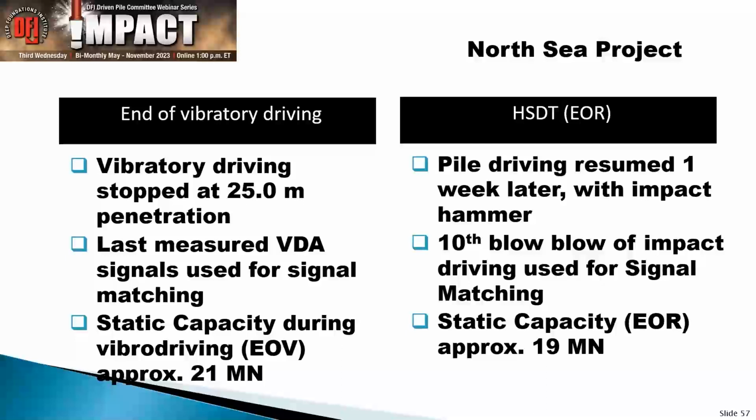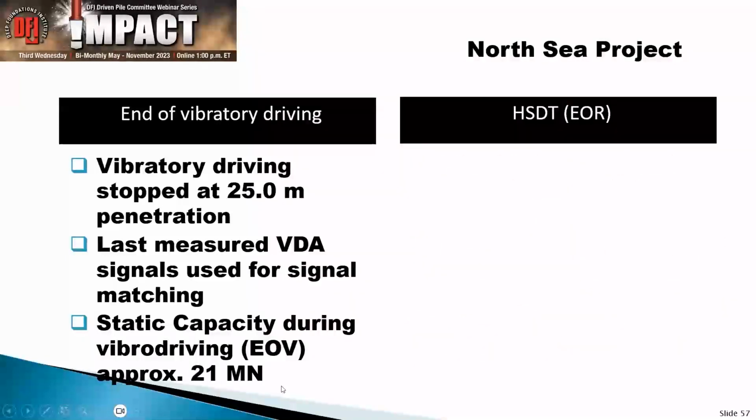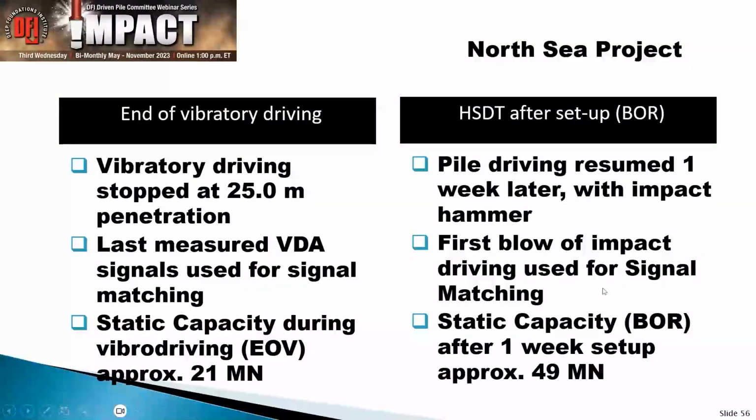But what you now see is that setup did occur, because we came up with a capacity of 21 meganewton, and yet when we were looking at the beginning of restrike, so a week later, we saw a capacity of more than double that. And that basically confirms that with vibratory driving in lots of soils, you do have your setup, just like what you have with impact driving.